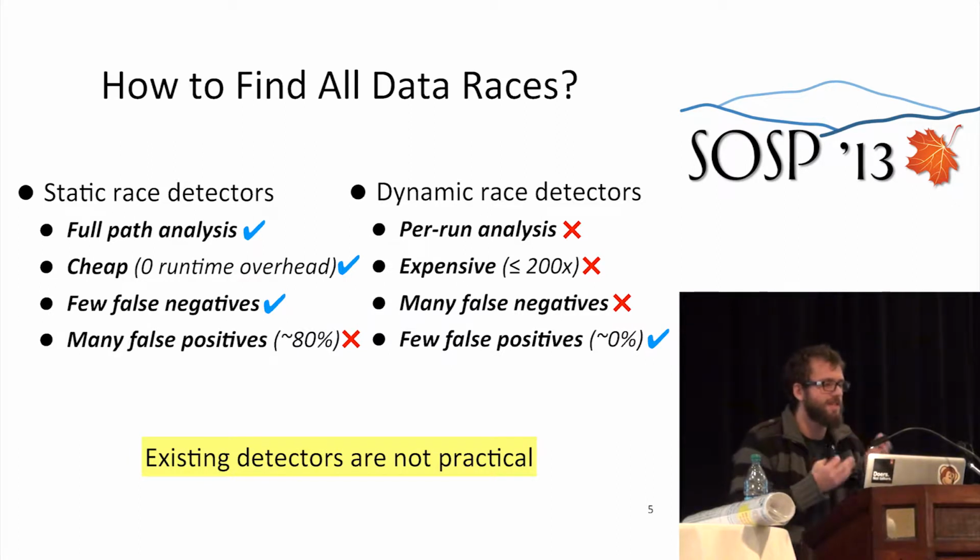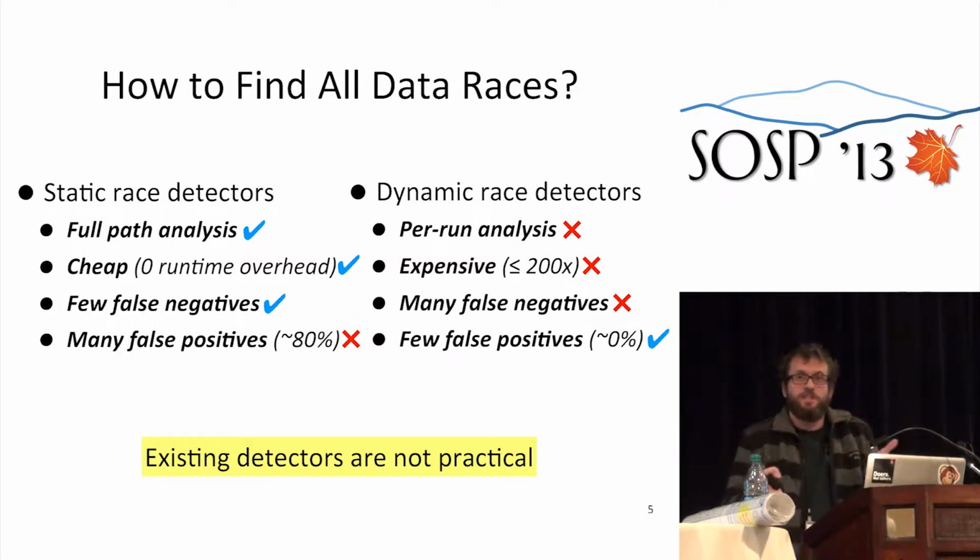So if data races can be potentially disastrous, how do we find them? Well, the answer is we use data race detectors to find them. And broadly speaking, there are two main kinds of data race detectors. Static detectors use abstraction, and therefore they're fast. They analyze all program paths, and therefore they have few false negatives. That is, few missed real races.